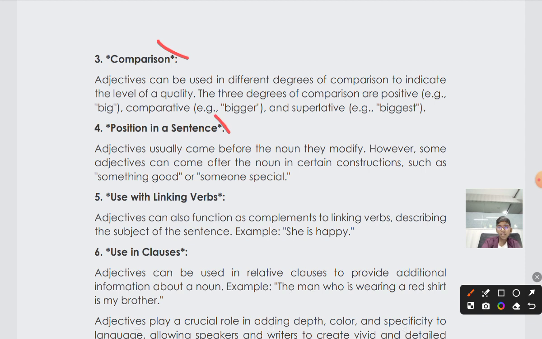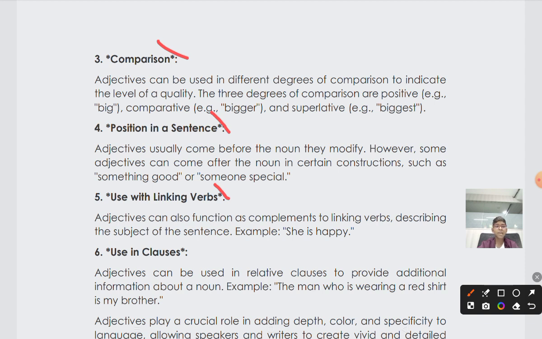So next comes the position in a sentence. Adjectives usually come before the noun they modify. However, some adjectives can come after the noun in certain constructions, such as something good or someone special. Use with linking verbs: adjectives can also function as complements to linking verbs, describing the subject of the sentence.